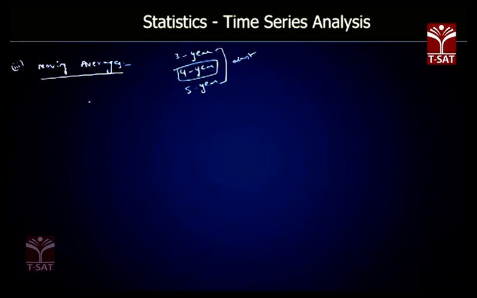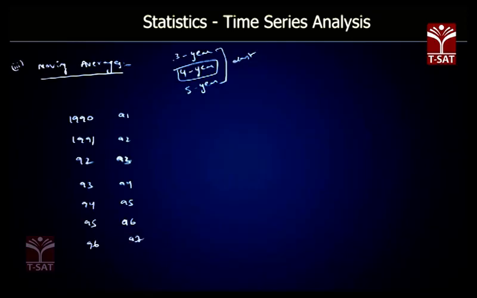Now we'll see what the procedures are. Consider the years 1990, 91, 92, 93, 94, 95, and 96. The values with respect to these years are A1, A2, A3, A4, A5, A6, and A7.